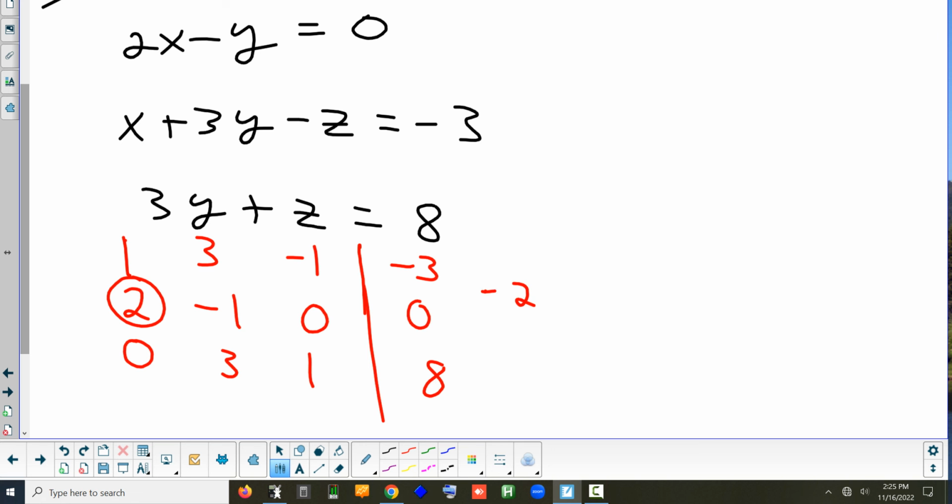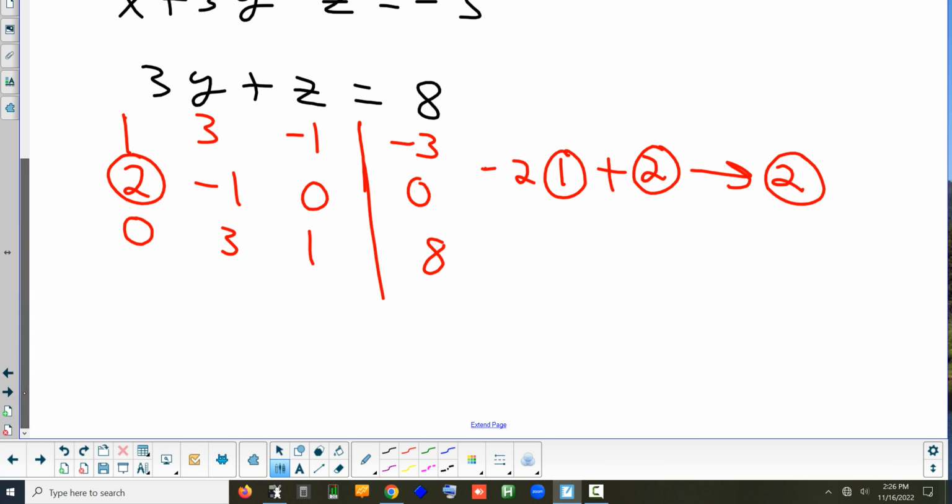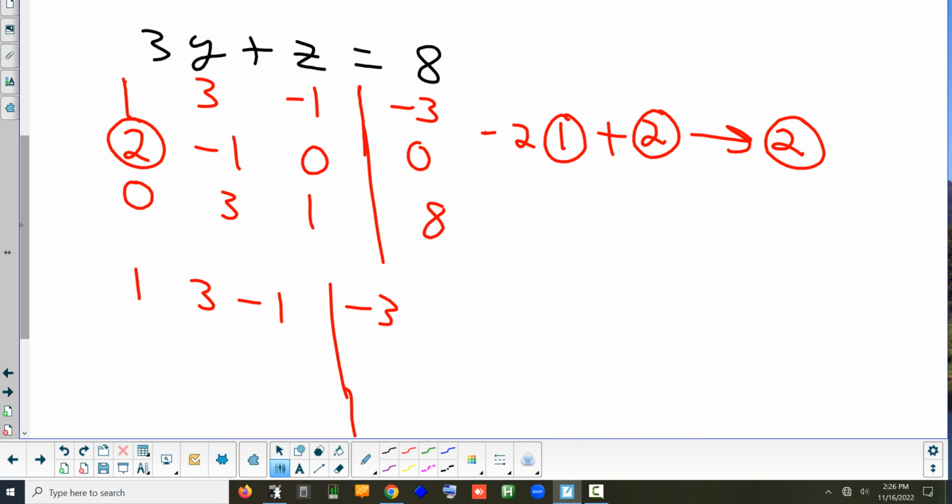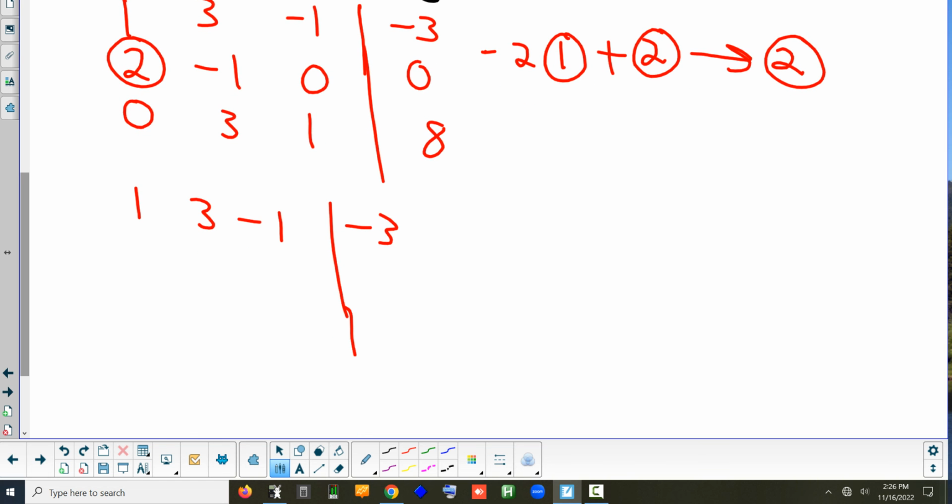Good. -2 times the first, added to the second, replace what's in the second. Copy 1 and 3 first. Okay, just get that out of the way. And when you copy it, double check that you copied it right. Because if you make one mistake, the whole thing is messed up. Alright, 0, 3, 1, 8.